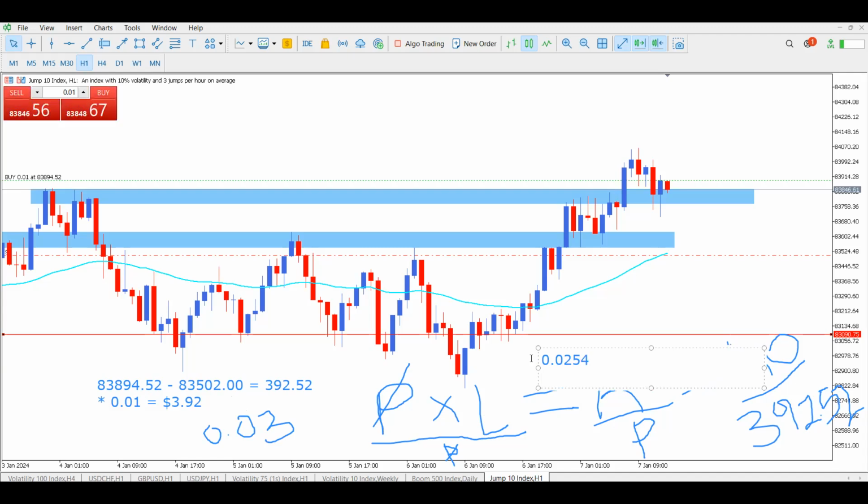Once I do 10 divided by 392.52, I arrive at this, and then I simply approximate this by moving a 1 to this point right about here. That gives me 0.03 lot size. So by the time I get in on this trade using a 0.03 lot size, automatically that means I'm risking $10 on this very trade position.